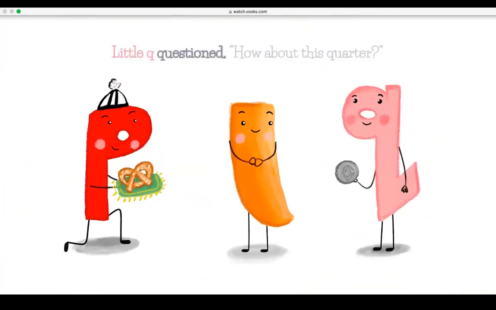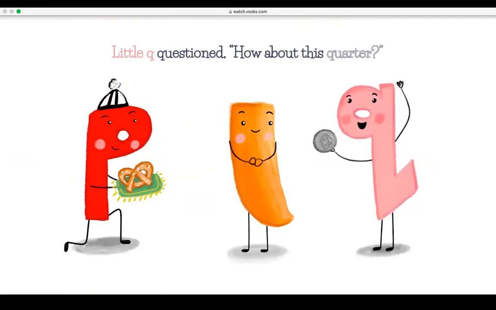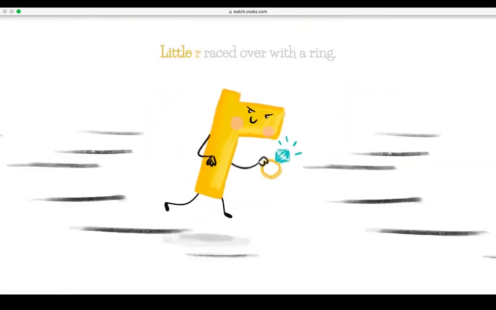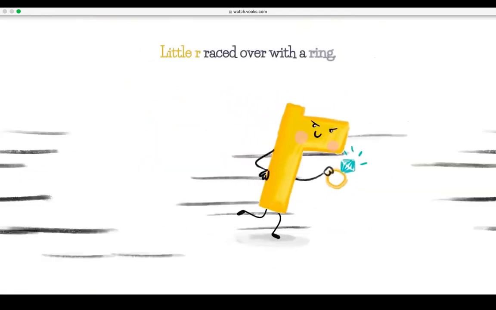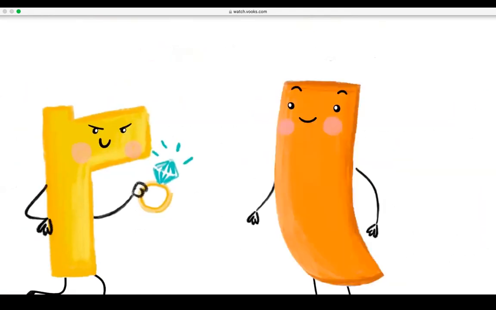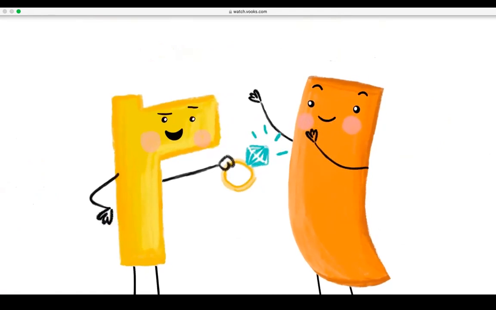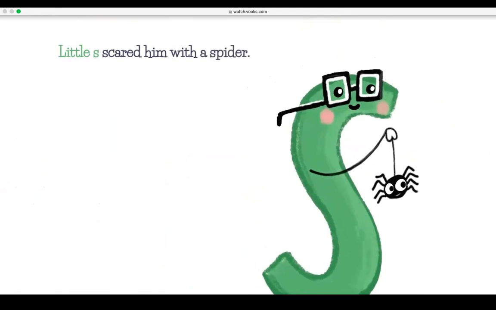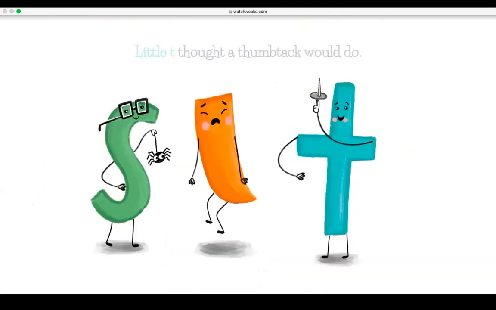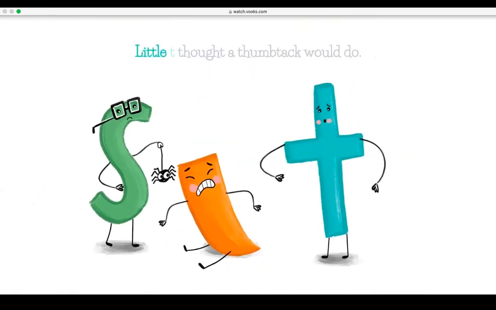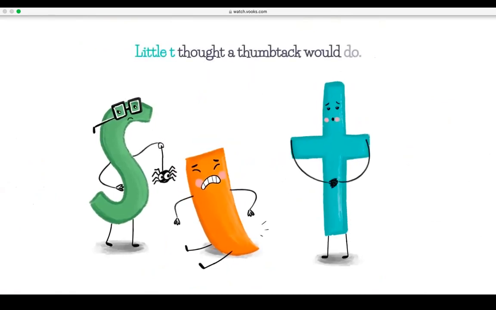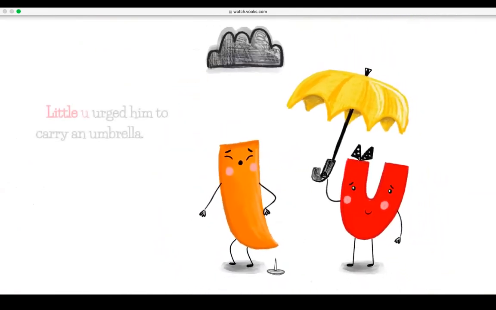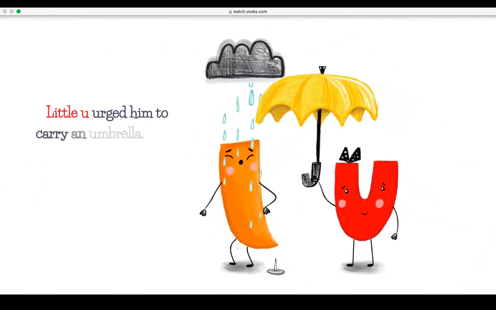Little Q questioned, How about this quarter? Little R raced over with a ring. Little S scared him with a spider. Little T thought a thumbtack would do. Little U urged him to carry an umbrella.